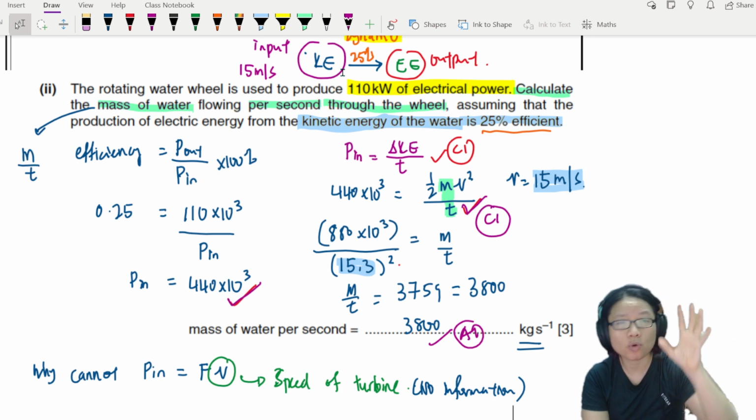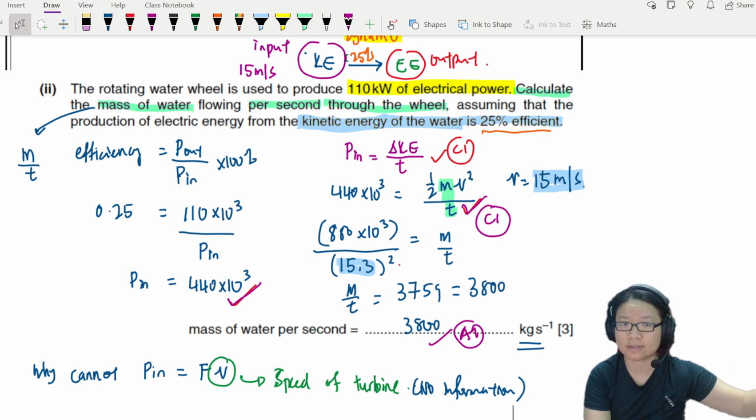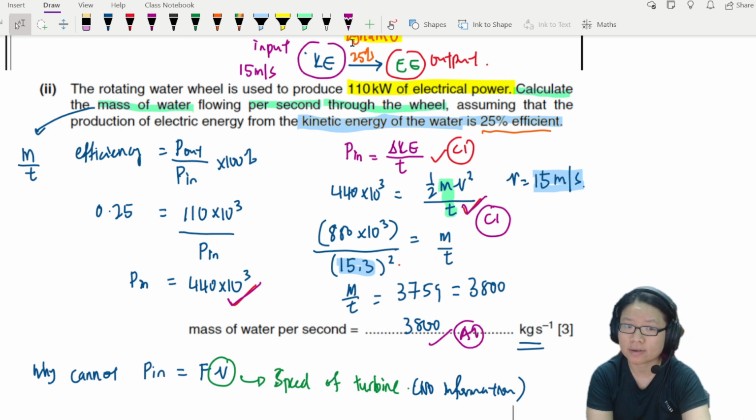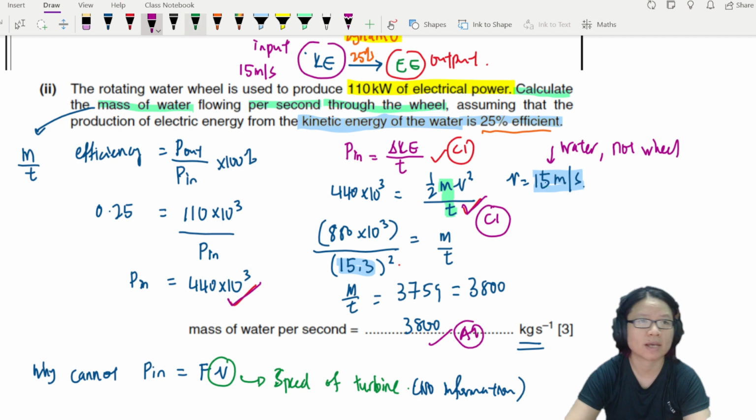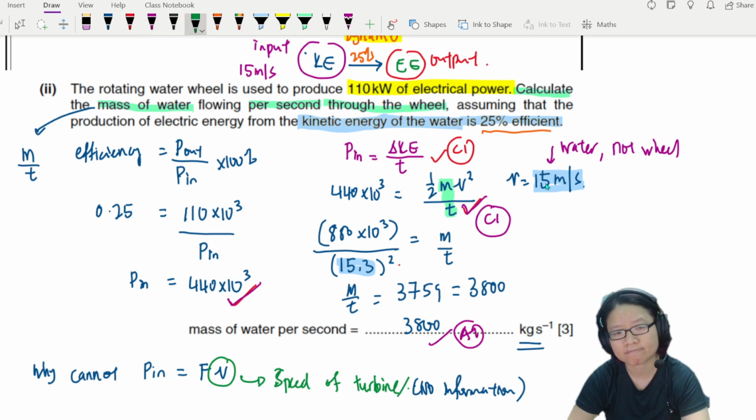But only 25% of that KE is electrical energy. So I can use that KE as a starting point. But this 15 meter per second is water, not turbine, or not the wheel. So cannot, no? And this one must be the speed of the wheel.